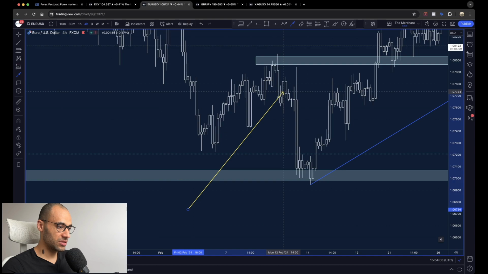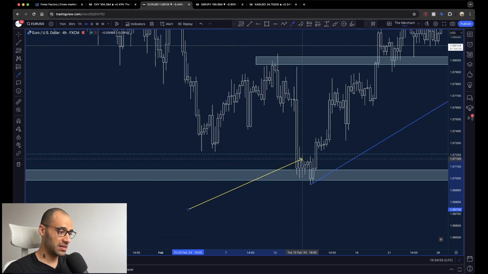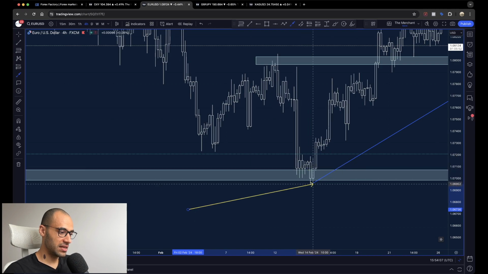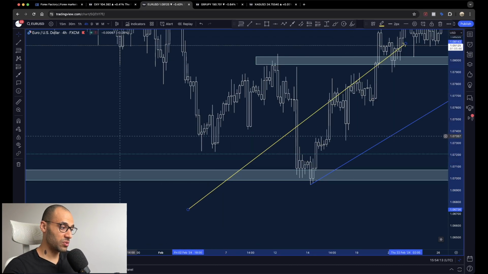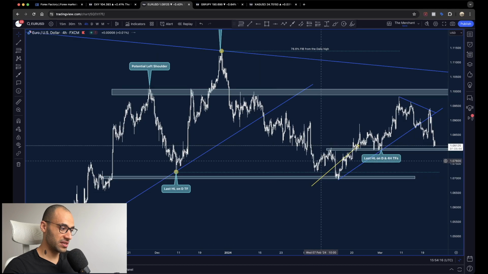So what happened? Strong bearish engulfing in 4 hours time frame, and then market was retesting, and then boom, straight away bullish engulfing, came back and started to move to the upside, where we have actually the initial trend. Why?